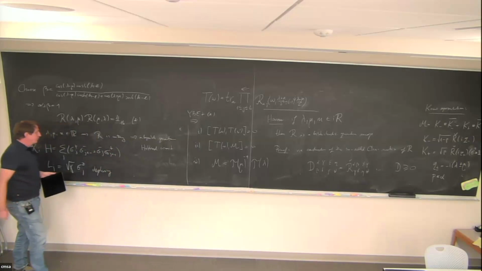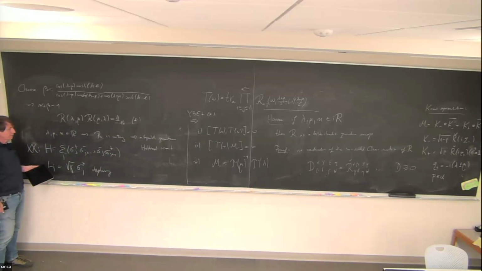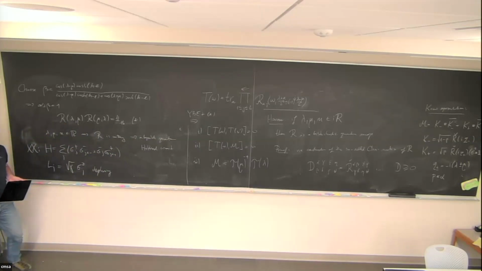So that's the simplest model. I don't know if you want to call it free or not. I mean, it's a free model with a simple dephasing noise. It's the simplest quantum dissipative system. There's lots of literature dedicated to this model.